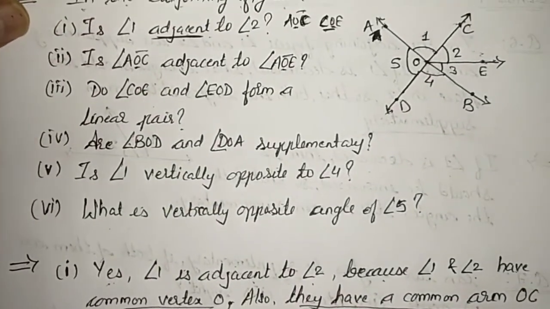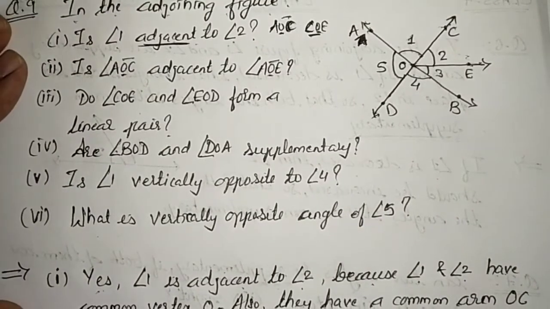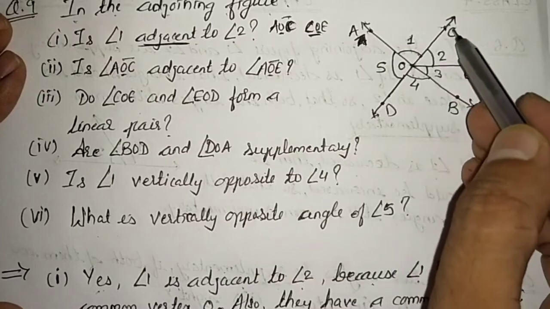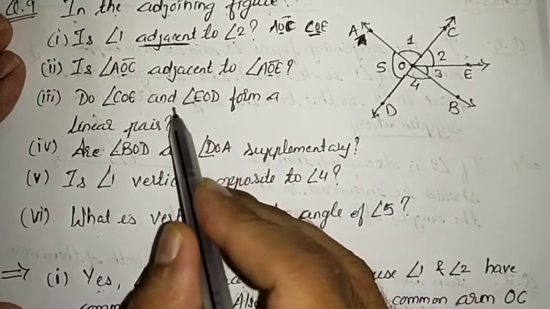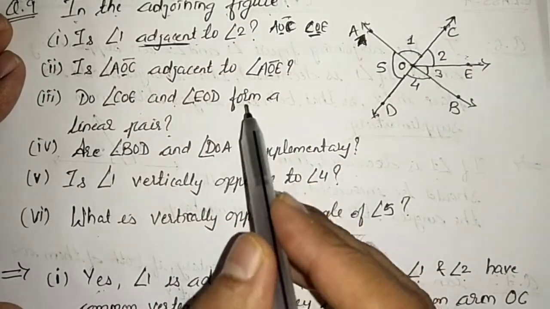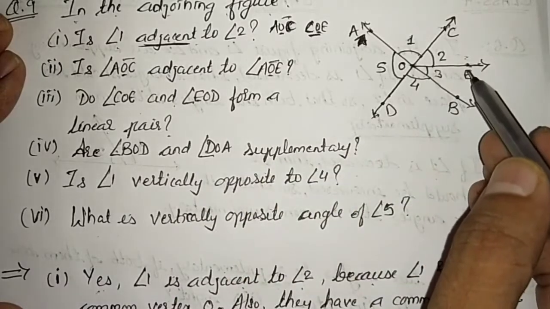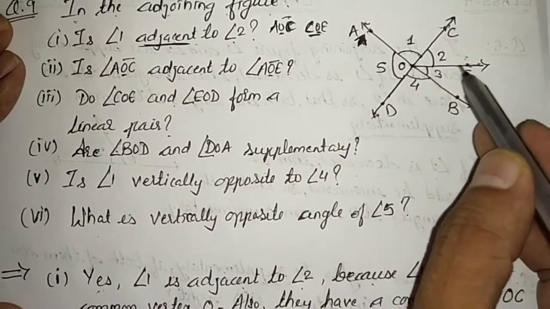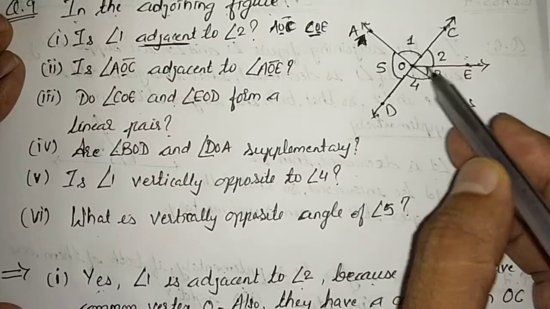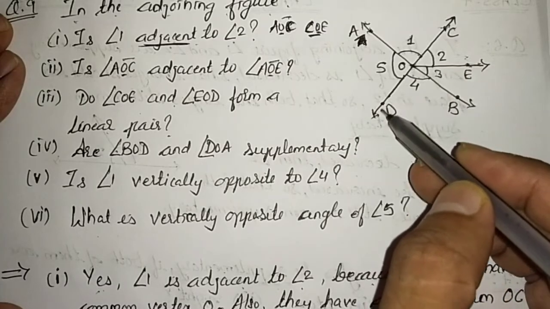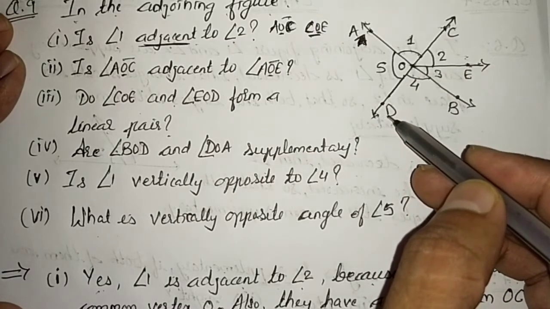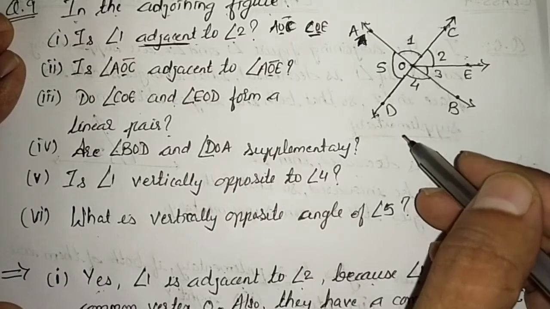Moving to the third part. Where is COE? Here, COE and angle EOD form a linear pair. Where is EOD? EOD is this greater angle. COE and EOD, are they forming supplementary angles? Yes, definitely. Why?